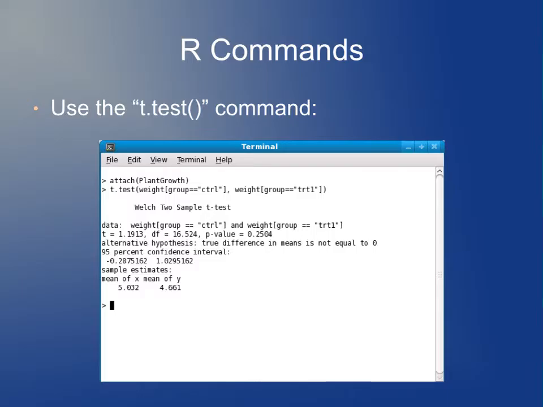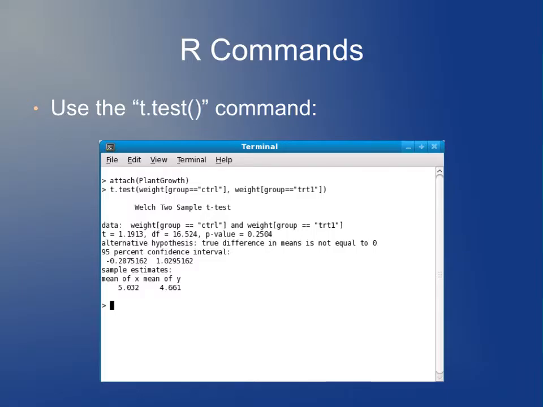So, to do this in R, we can use the t.test command again. Like I said, if you want to try this yourself, the plant growth data set is built into R. So we say t.test weight. This plant growth data set has two columns, one which is weight, which gives the weight of the plant, and one which is group, which is either control, treatment 1, or treatment 2.